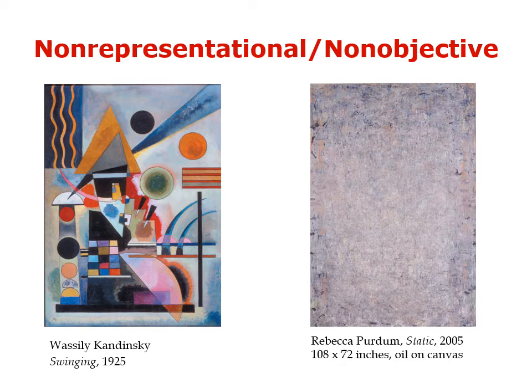Opposite the Purdum, her Static painting: essentially, how do you make a painting about nothing? How do you not represent anything? Part of that would be static. It's kind of hard to describe today. Today, if you go to a channel on your television, you just get a blank screen or no signal.